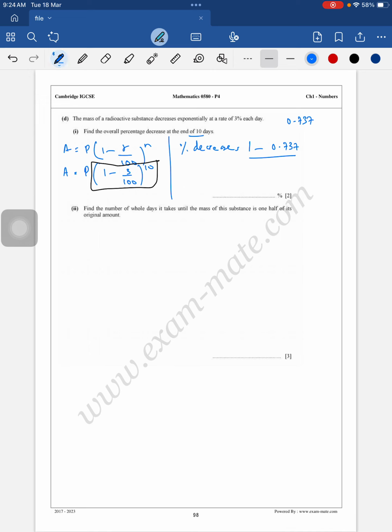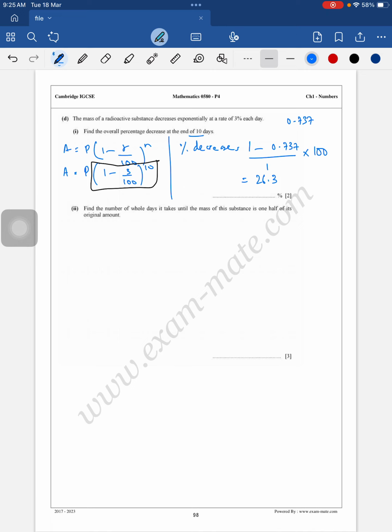1 minus 0.737 is the value, right? And percentage decrease is equal to 1 minus 0.737 upon 1 multiplied by 100, which is 26.3%.